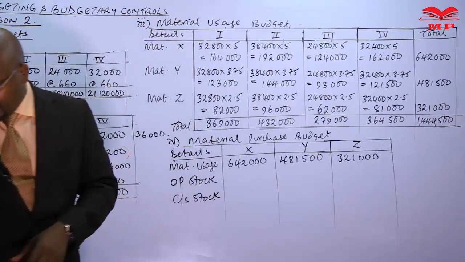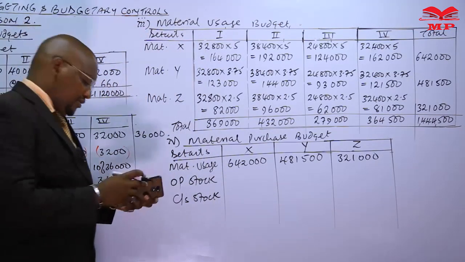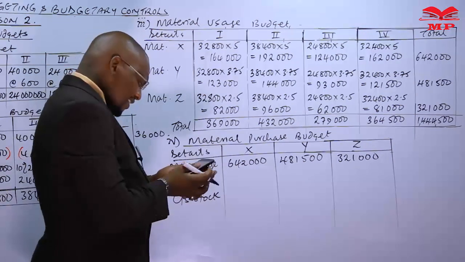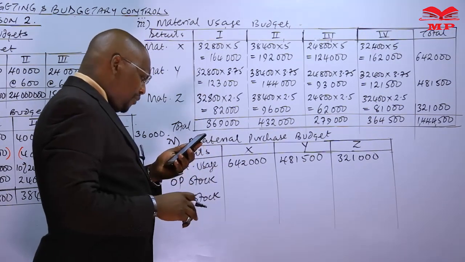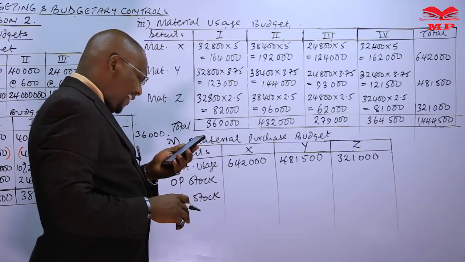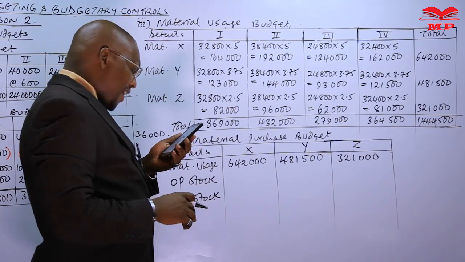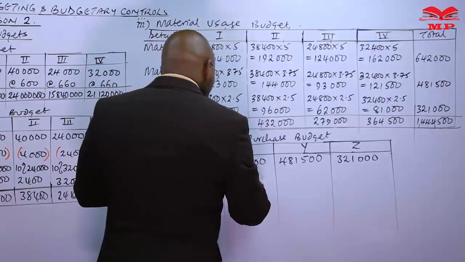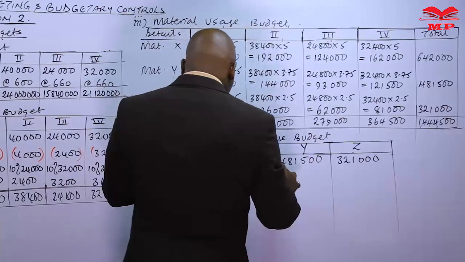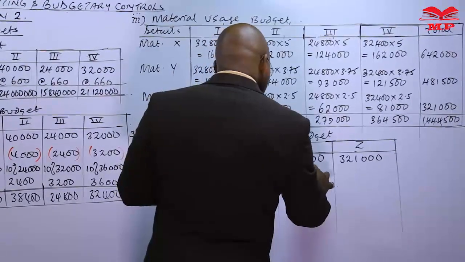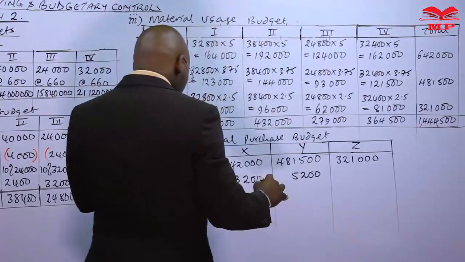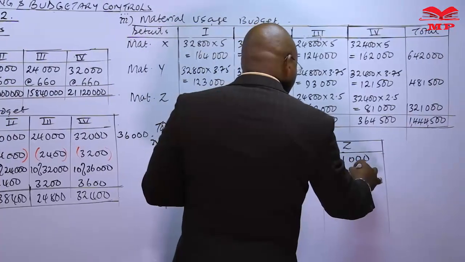Opening stock, you have been told clearly in information number 3, the opening of XYZ are 3,200, 5,200, and 800.